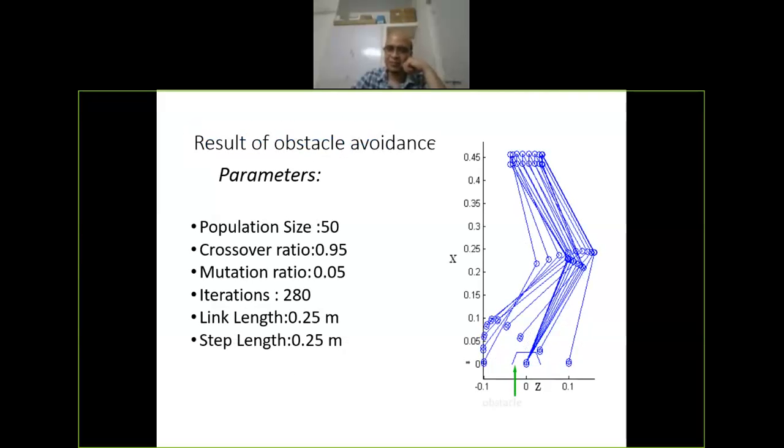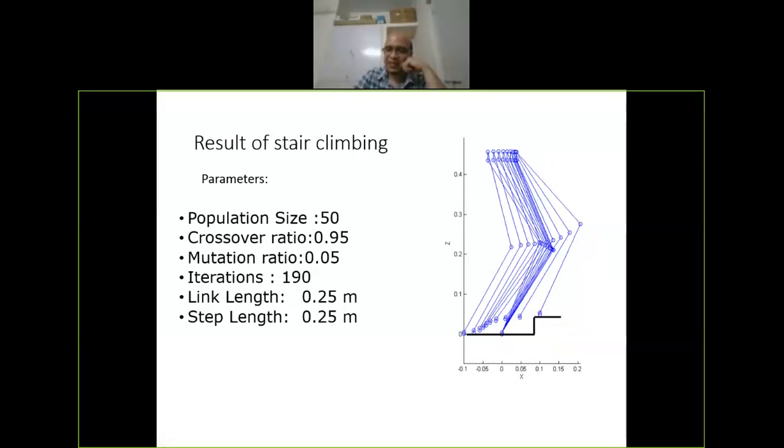This is a redundant system with infinite solutions, and you have to find the energy optimal way of doing it. This graph shows an energy optimal way of avoiding an obstacle. This is the optimal trajectory for going over an obstacle. This is for climbing stairs, and this is very much the way human beings also walk, again proving that human trajectories are energy optimal.